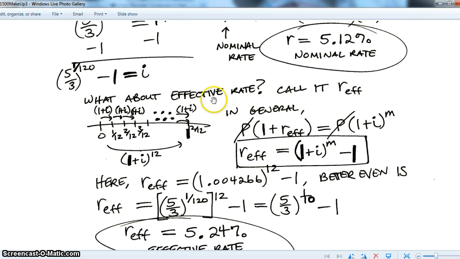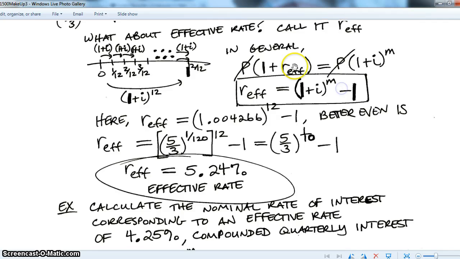So in general, this is for this particular problem, in general, if we let the effective interest rate be this R EFF, for effective, you can start off by looking at this equation. By definition, the effective rate is the rate, such that if you just did the principal amount under simple interest with the effective rate for 1 year, principal times 1 plus effective rate.